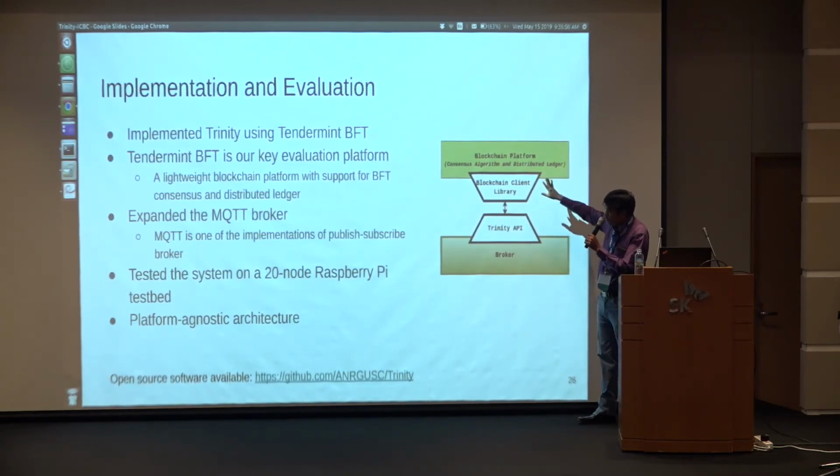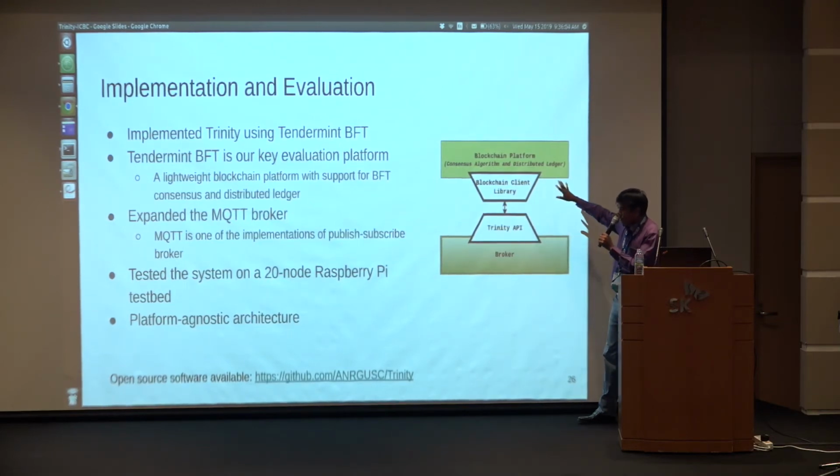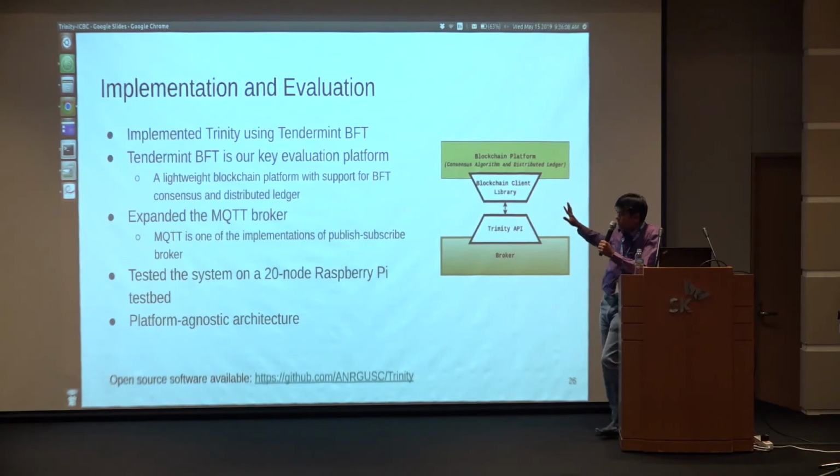So all you need to do is connect your Trinity APIs with the blockchain library to create this distributed PubSub broker with Byzantine fault tolerance. So our architecture is agnostic to the underlying blockchain platform itself, and that is one of the key design decisions that we went with when we were designing the architecture of Trinity.